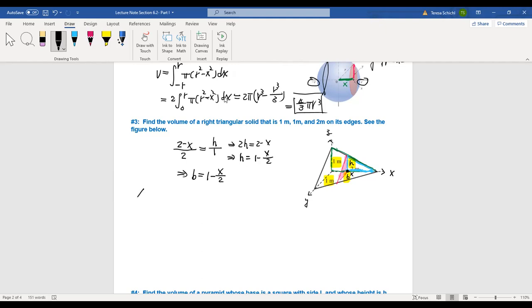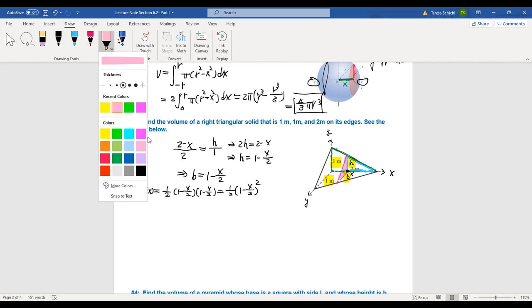So now I can find my area. The area is 1/2 base times the height, so it's 1/2 times (1 minus x over 2) to the square.